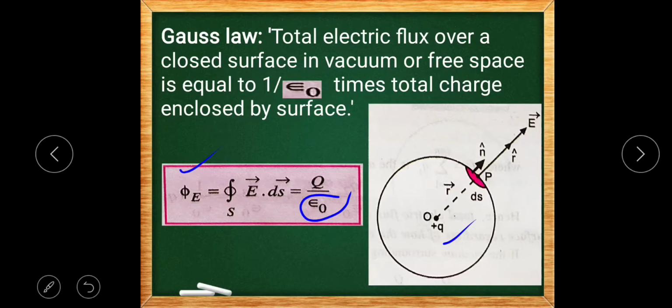In this diagram I mentioned small q, so make the correction here to small q. Q by epsilon naught, right? And here phi e can be written as the surface integral of vector E dot vector ds. Got the point. Here epsilon naught is the permittivity of free space.